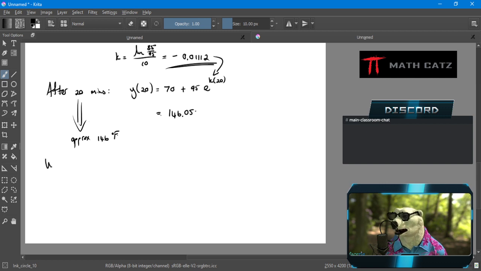So we could say, I want to give my guests a time window, and when it's cooled down too much, then I need to be done with my whole meal. So when will the temperature be, let's say, 130? That's going to be how long I have for this meal.